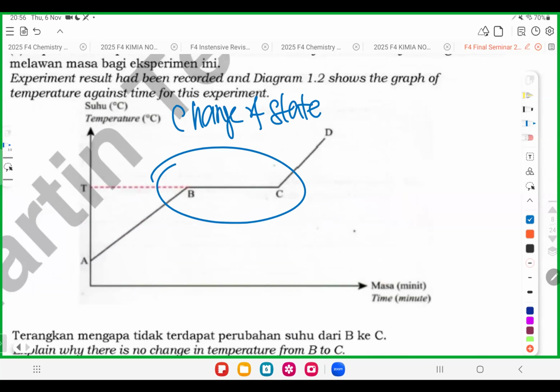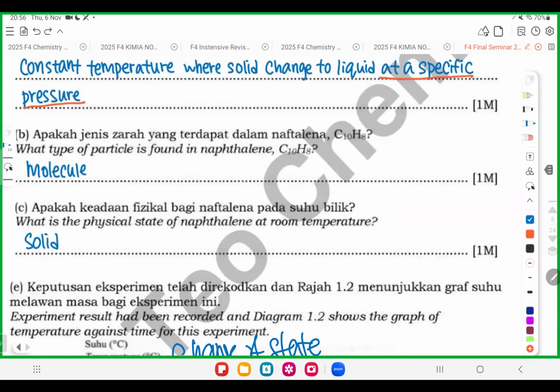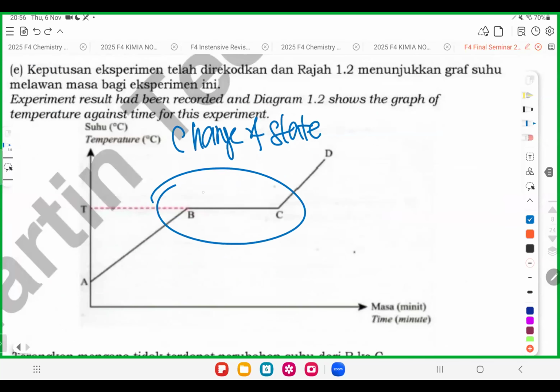So what process is this? This question is talking about melting, right? So why during melting does the temperature not change at all?